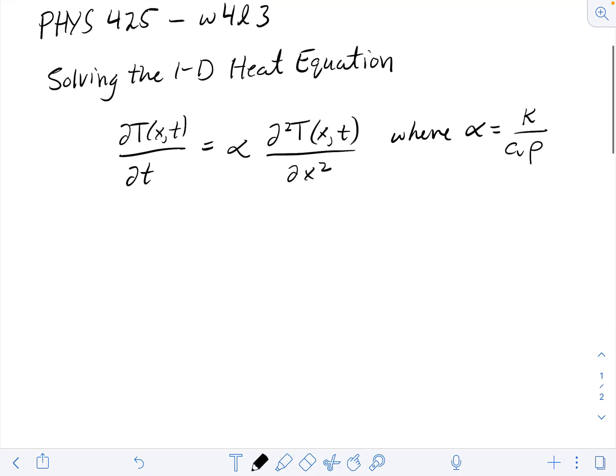So here is the scenario we're going to consider. We're going to assume that we initially have a bar, a solid piece of metal or something. It's a rod, and it's at a uniform temperature.